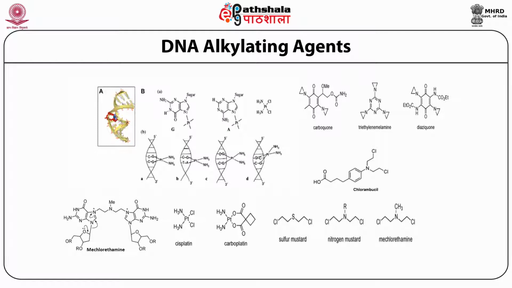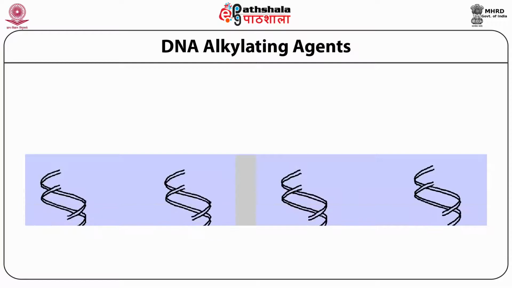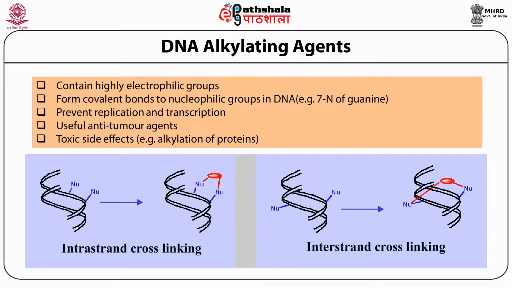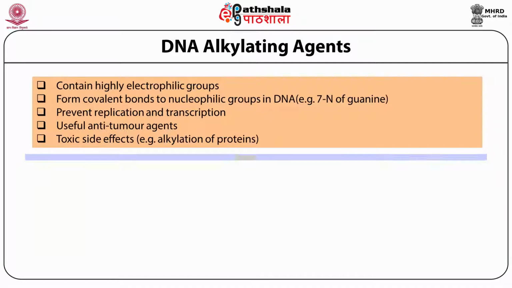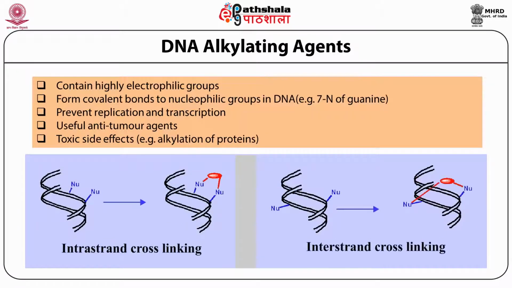The DNA alkylating agents contain electrophilic groups that form covalent bonds to the nucleophilic groups of the DNA, for example the N7 nitrogen of guanine. It prevents replication and transcription and is used as an anti-tumor agent, although it has toxic side effects such as the alkylation of proteins as well.